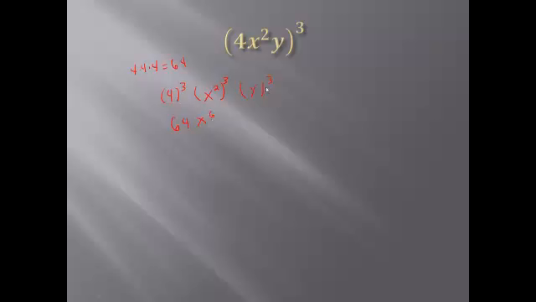So that makes x to the sixth. Again here, y to the first power raised to the third power, power to a power. We multiply those exponents, and we get y to the third power. And this will be simplified. 64, x to the sixth, y to the third.